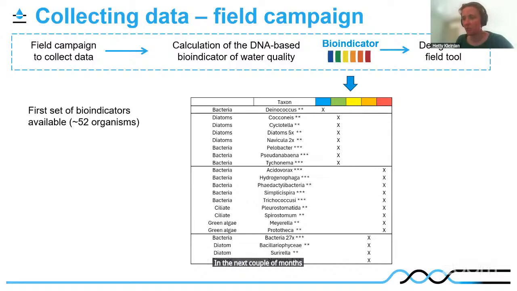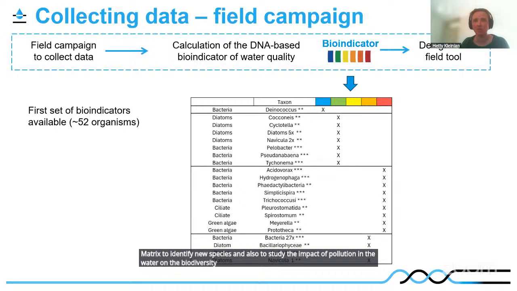But I think it demonstrates already now that the periphyton community can be a useful matrix to identify new species and also to study the impact of pollution in the water on the biodiversity present in this matrix.